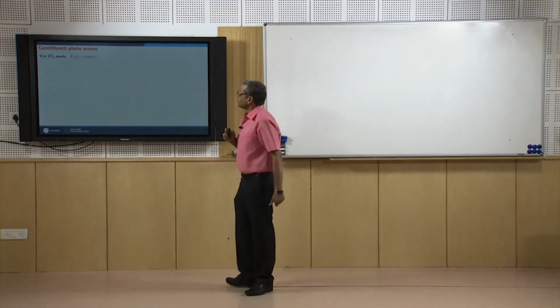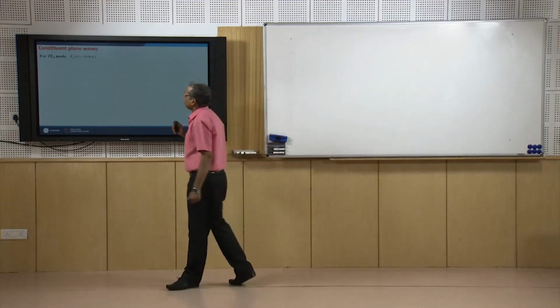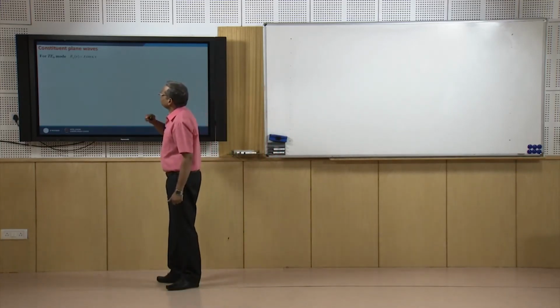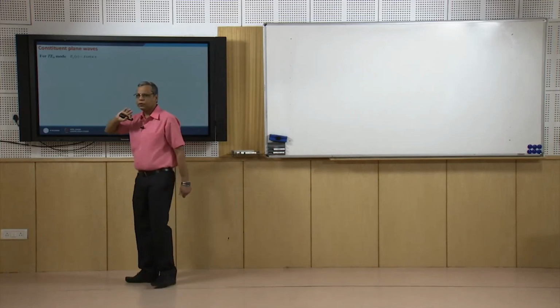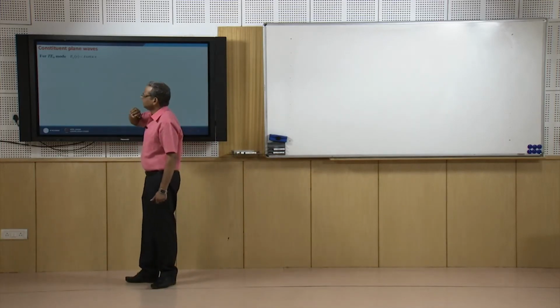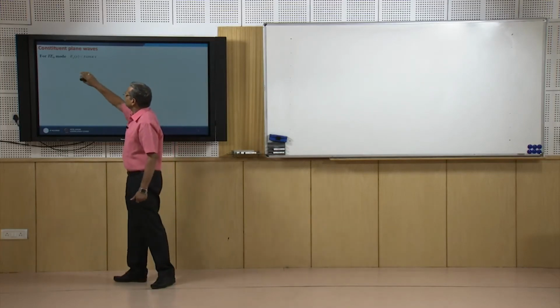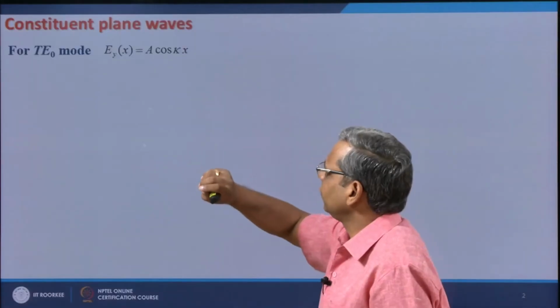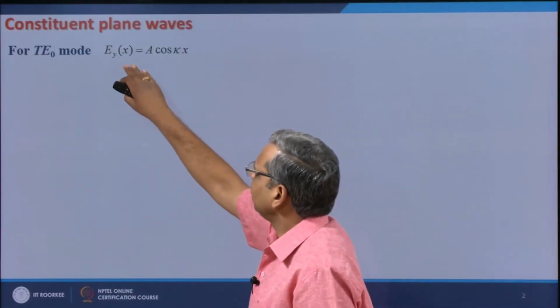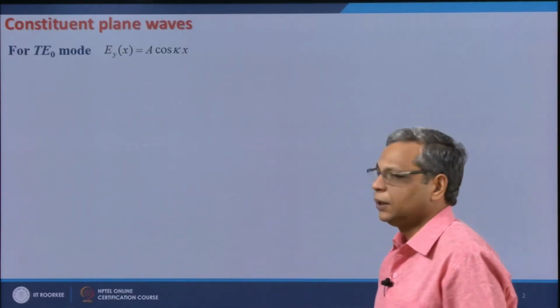So, for that let me write down the field of, for example, the TE0 mode or any symmetric mode. In the core, or in the guiding film, it is given by E y of x equal to a cosine kappa x.